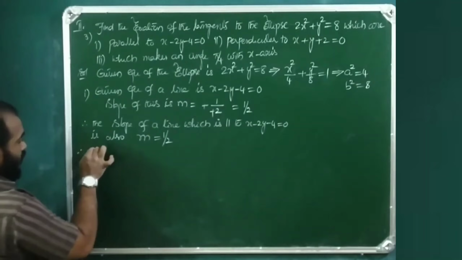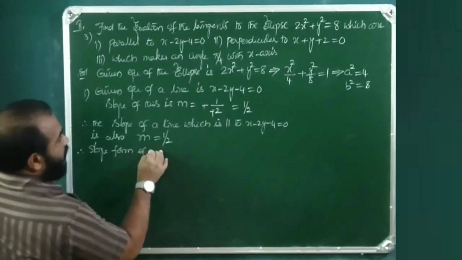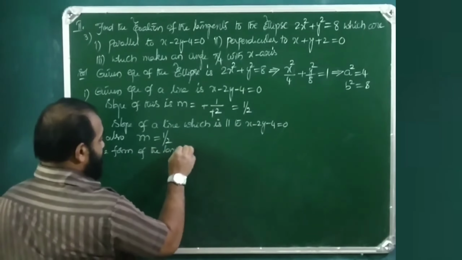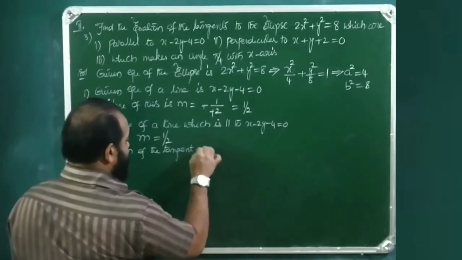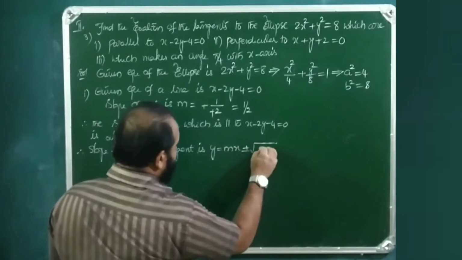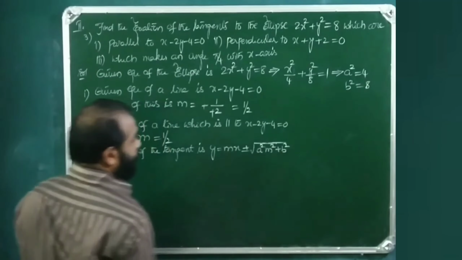Therefore, slope form of the tangent is y equals mx plus or minus square root of a square m square plus b square.